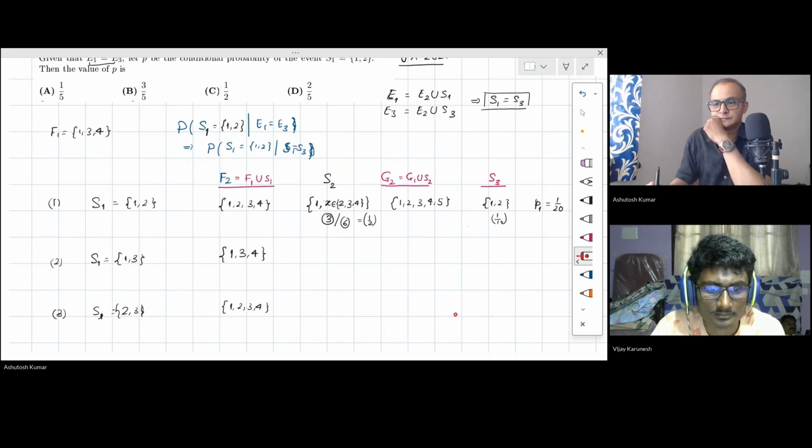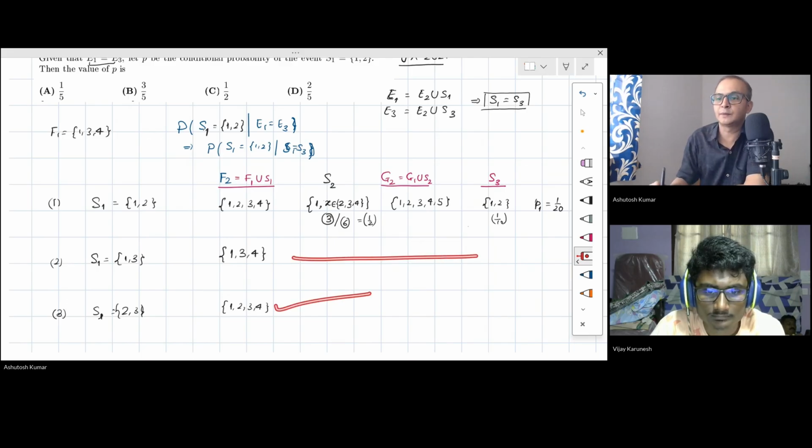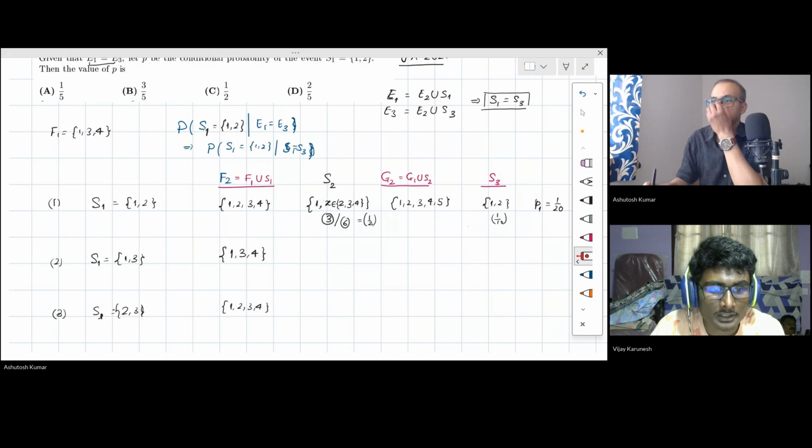Among those cases where S1 is equal to S3, I intend to find the ones in which S1 is equal to S3 is equal to {1, 2}. So I find the probability of this one and the probability of this one. After that, what do I have to do? Add all of them and divide by 3? No. Conditional probability, please understand.